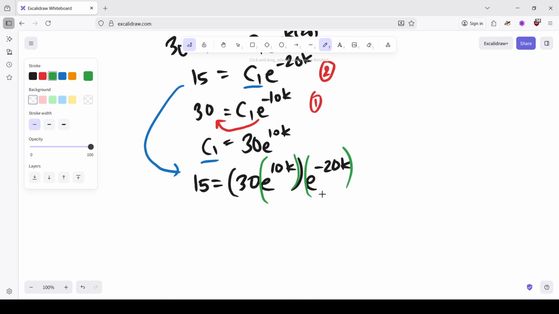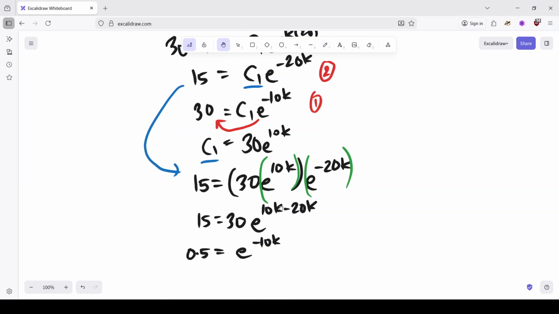They have the same base, so we can combine the exponents. So 15 is equal to 30 e raised to 10k minus 20k. Then 15 and 30 can be combined, so we will have 15 over 30 or 0.5 is equal to e raised to negative 10k.